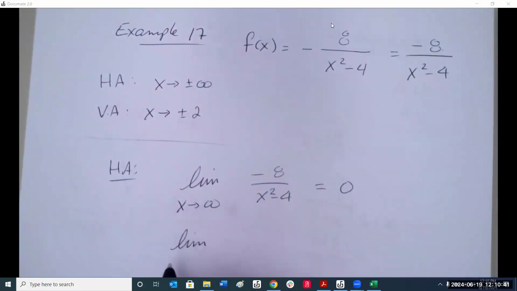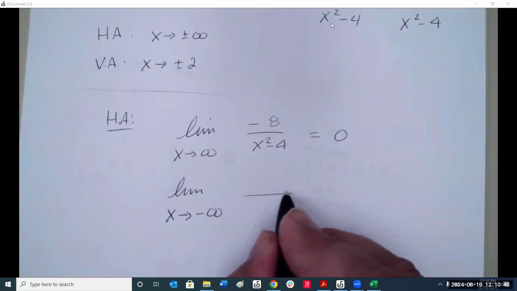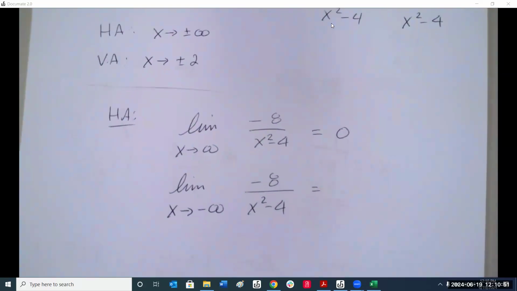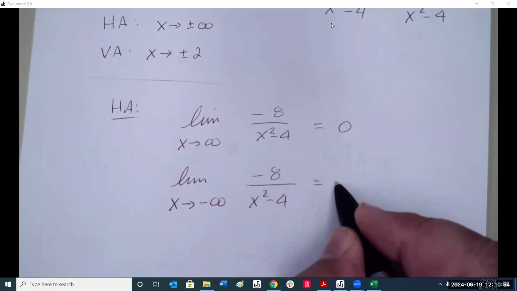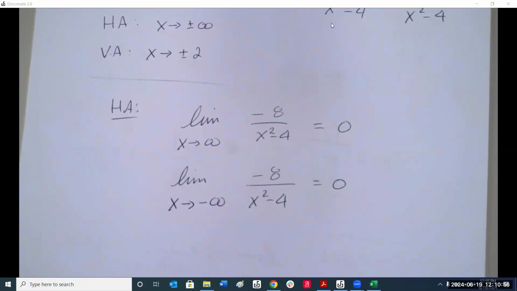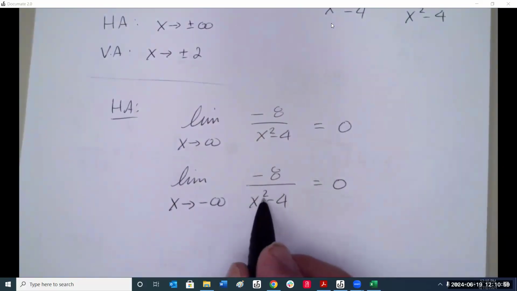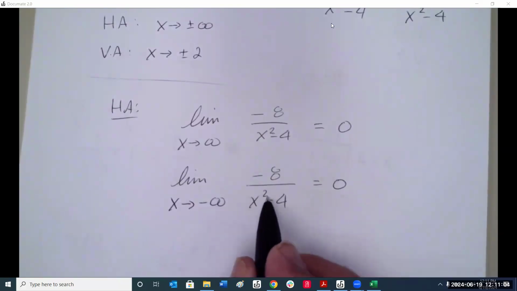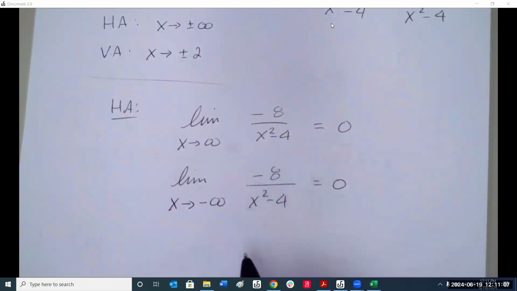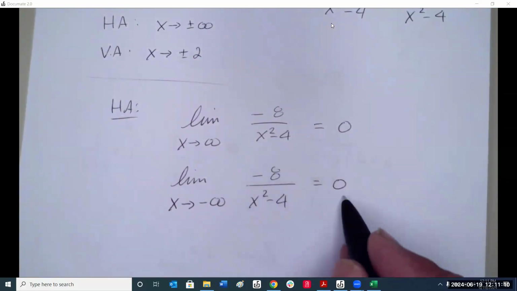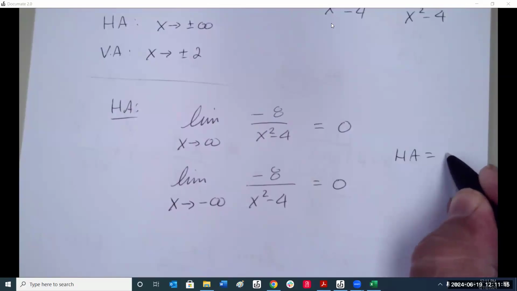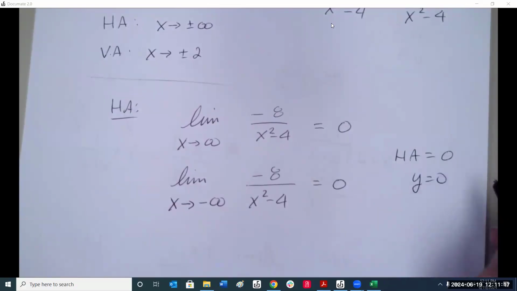The limit as x approaches -infinity of -8 over x squared minus 4. Since this is an even function, if I put negative numbers in there and square it, the bottom goes to infinity. 1 over anything over infinity is 0. So the horizontal asymptote is 0, or y equals 0. It's the x-axis.